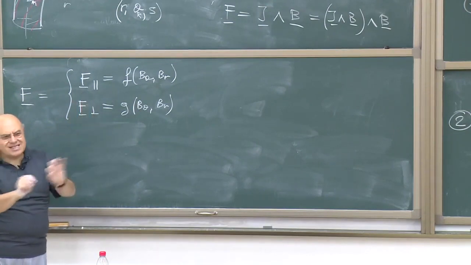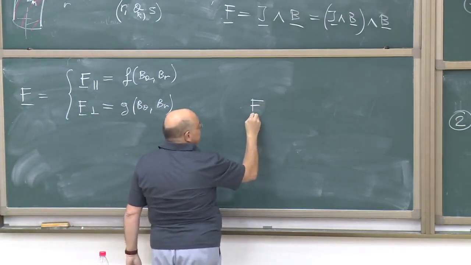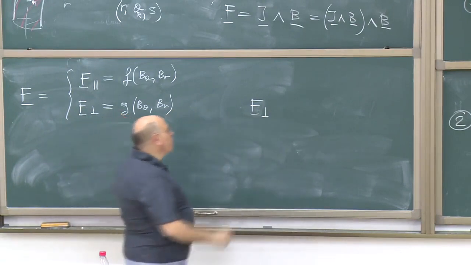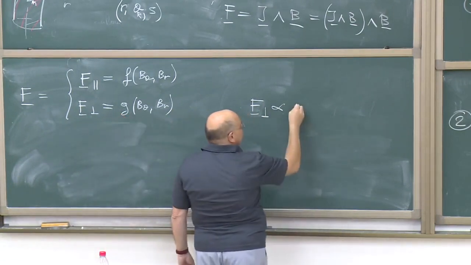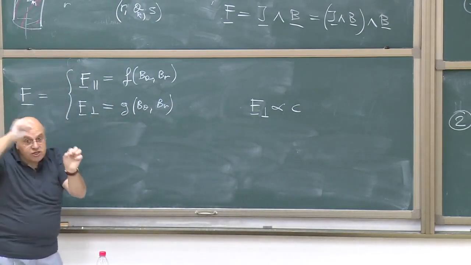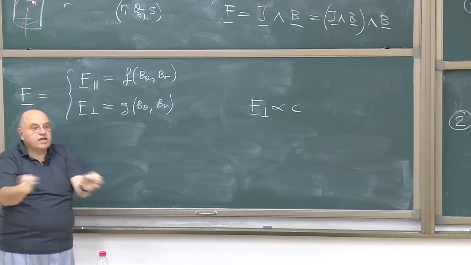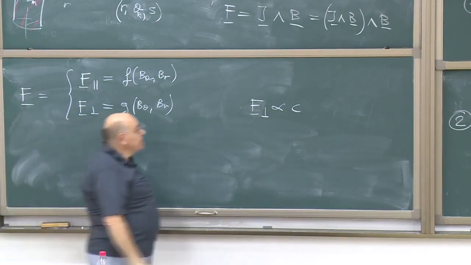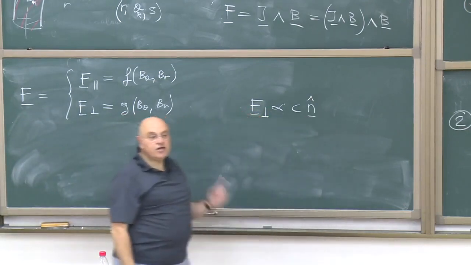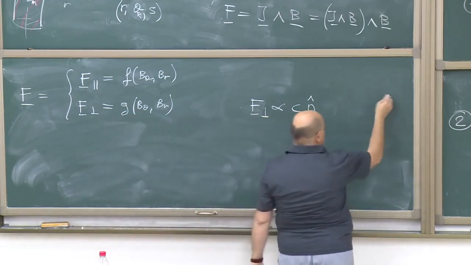But if you want just to understand the behavior of a field line, you may say that the orthogonal contribution goes approximately like the local curvature, the curvature of the axis of your tube, or the curvature of the field line, times the normal direction if I choose a Frenet-Serret system on the line.